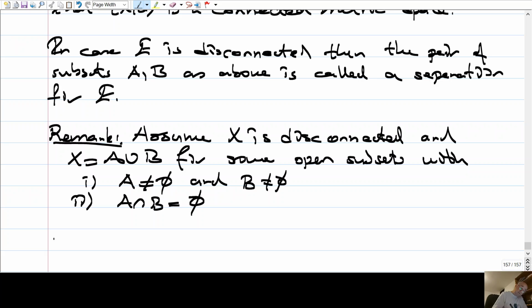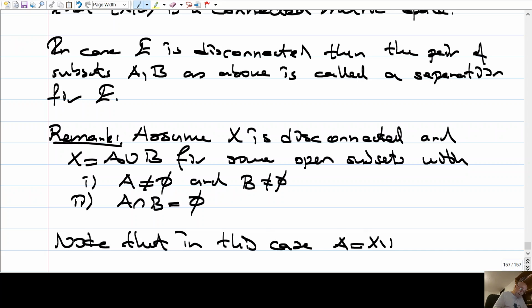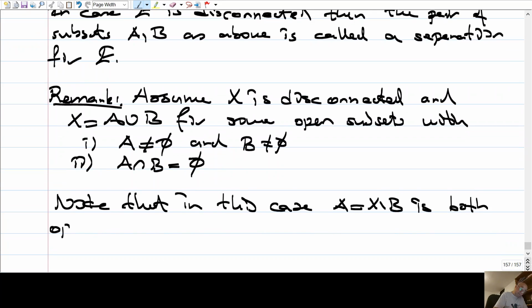In this case, note that both A and B are open. Therefore, A is equal to X minus B, which is both open and closed. Similarly, A is open because it is given to be open, and B is open, therefore X minus B is closed.